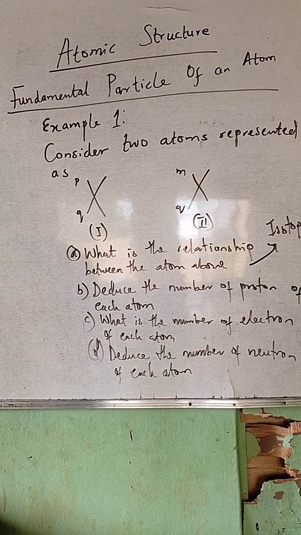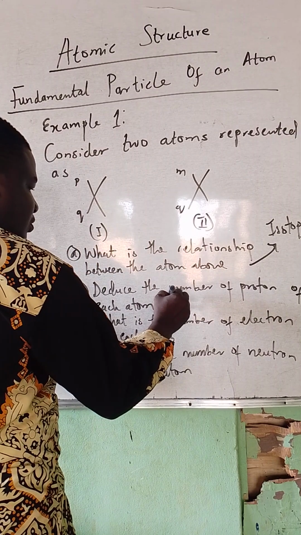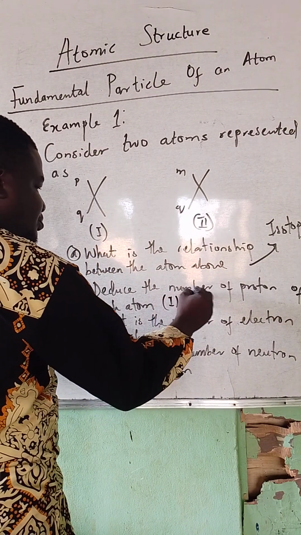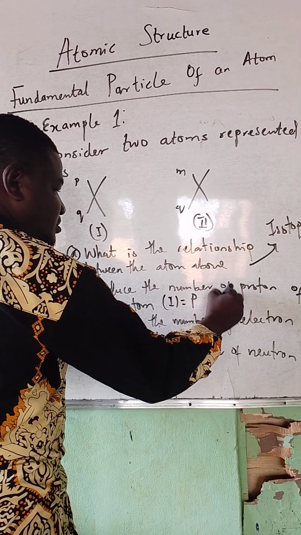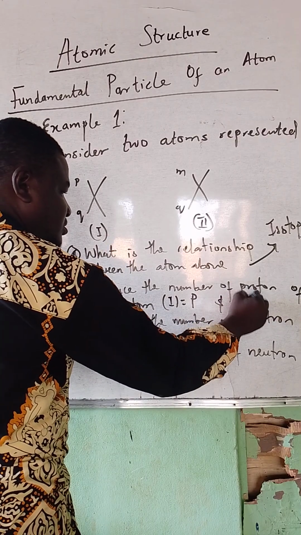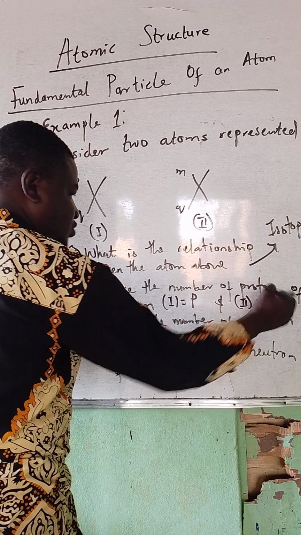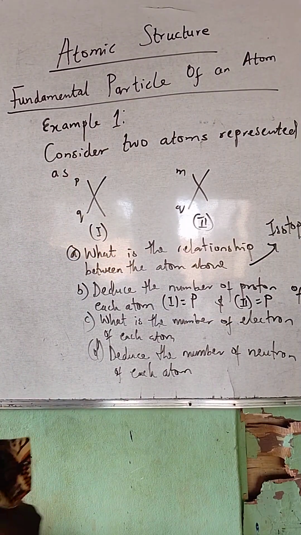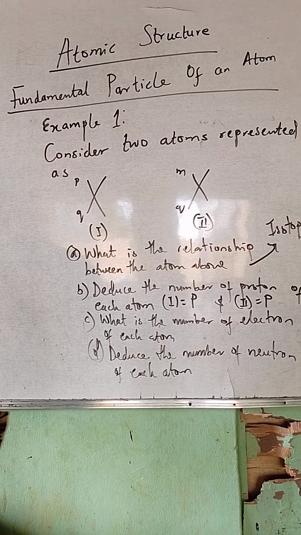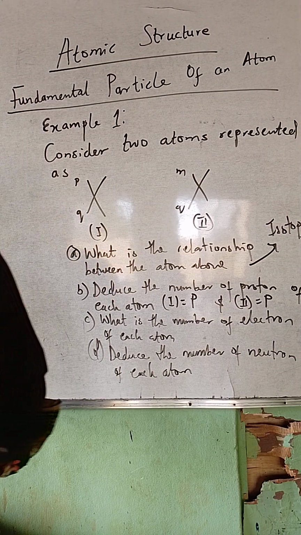Then what is the number of protons? The number of protons in Roman figure 1 is P, and in Roman figure 2, the second element is also P. What is the number of electrons? Because it's electrically neutral, the number of electrons is the same as the atomic number.